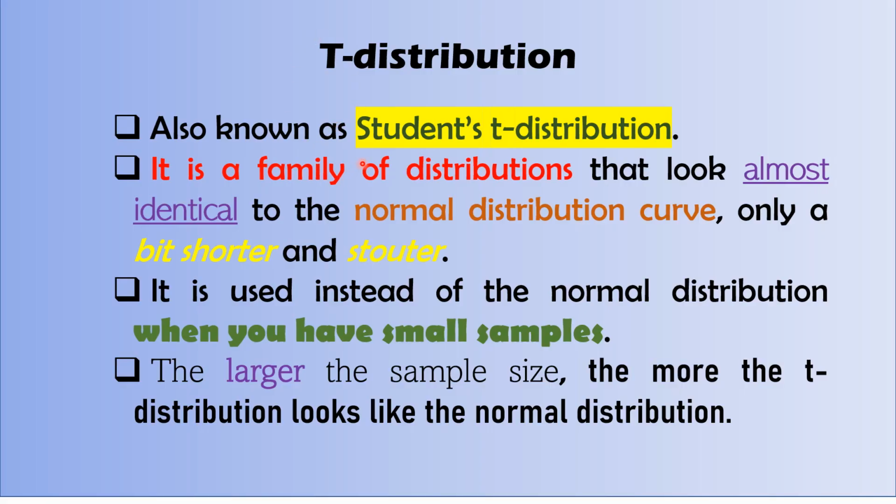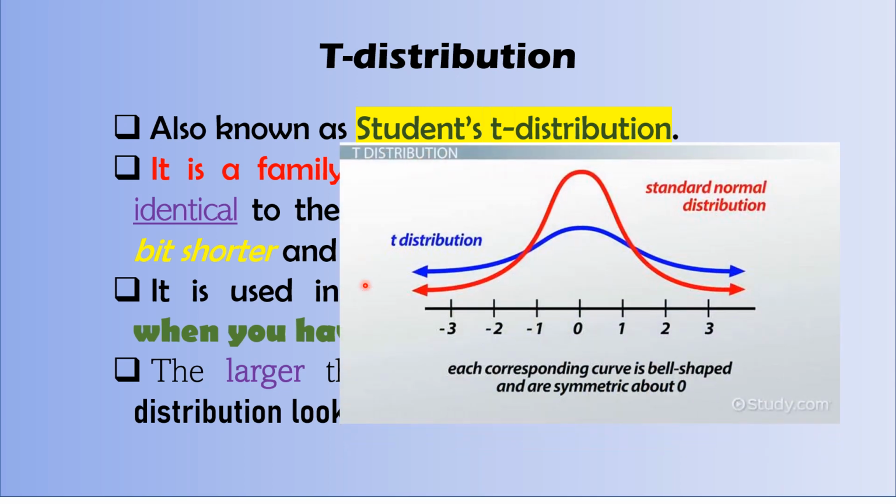T-distribution. It is also known as Student's t-distribution. It is just a family of distributions that look almost identical to the normal distribution curve, or the Z, only a bit shorter and stouter. To help you visualize, here is an image differentiating the two curves.